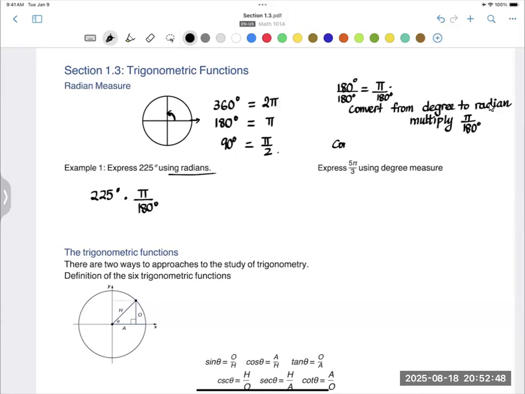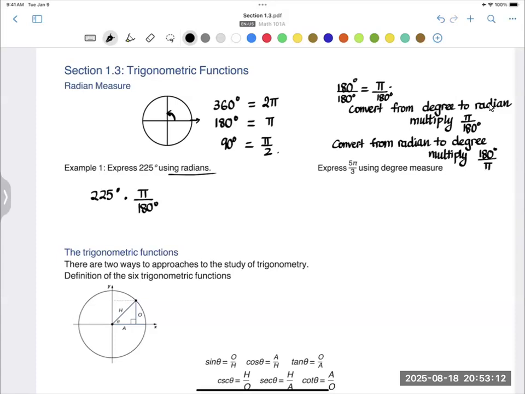But if you want to convert from radian to degree, we will multiply by 180 over pi. That's how you convert between degree and radian.